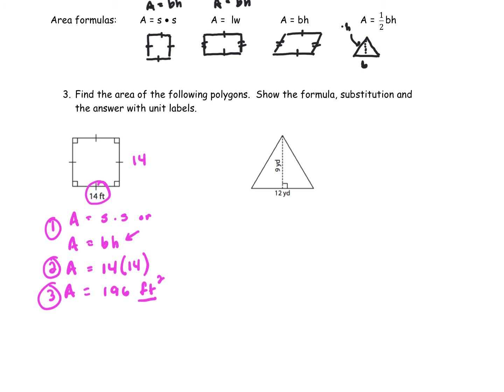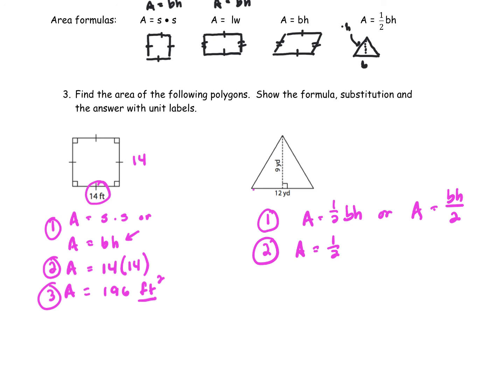So for the triangle, we're going to put formula, which is area equals 1/2 base times height, or we can use area equals base times height divided by 2. Multiplying by 1/2 is the same as dividing by 2. Now we're going to substitute in the formula.